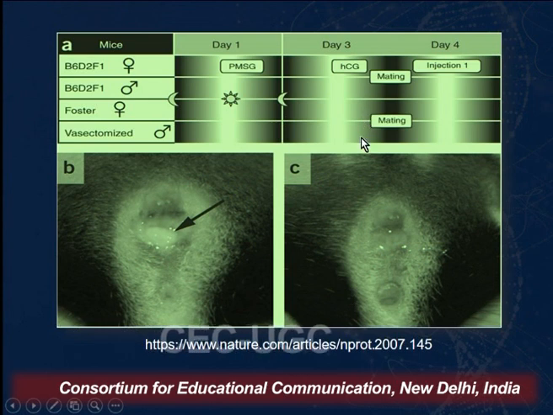In both pairs that have bred, the superovulated female, created by injection of the mare serum and the HCG, human chorionic gonadotropin, and the foster female, we identify the mated females by the vaginal plug and separate them. So, this is basically how the superovulation is done.